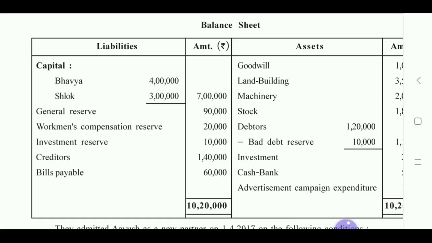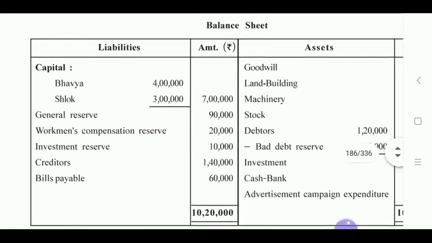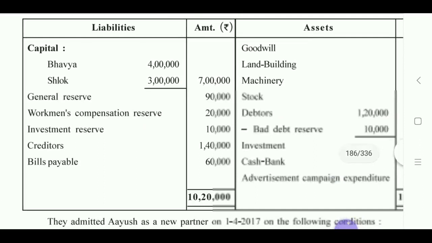So general reserve, we have 90,000. Now this amount of reserve is to be distributed among old partners only, because this is the old balance sheet. General reserve is on the credit side. We are supposed to distribute this amount, which means we are going to close this account, so it will be debited. And what is going to be credited?